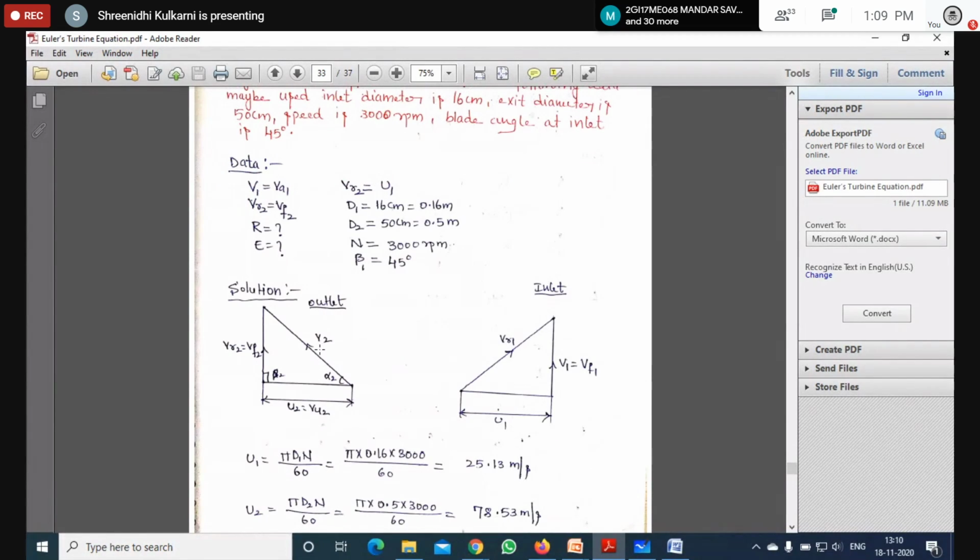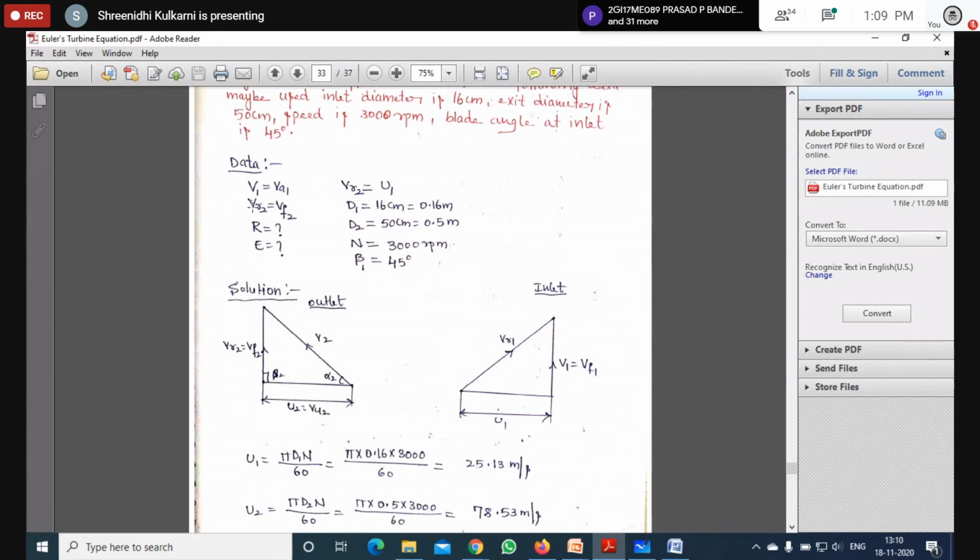Next, coming to the outlet velocity triangle, clearly they have given VR2 is equal to VF2. It means the blade angle at outlet, beta 2, is 90 degree.